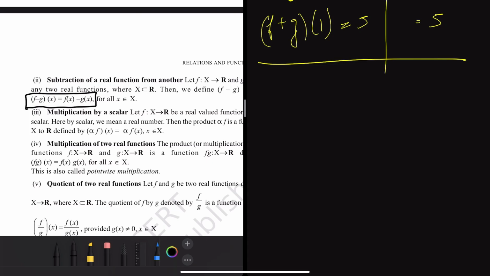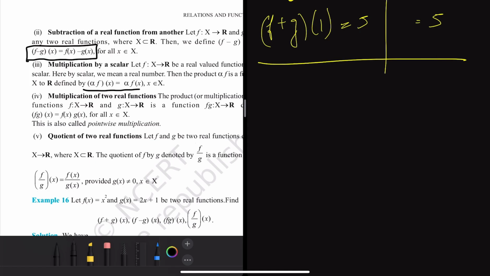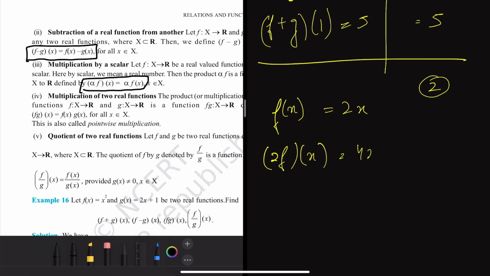You can add the functions before putting the value of x or after putting the value of x, and it will be simple. Then multiplication: between two functions, and then multiplication of a function by a constant. So if you have a function f of x, let's say again I'll take the example of 2x. If you multiply the function with 2, then 2 times f of x will be 4x.